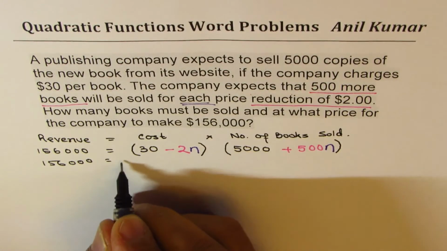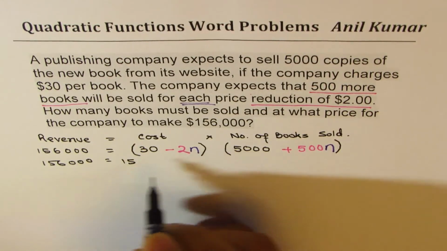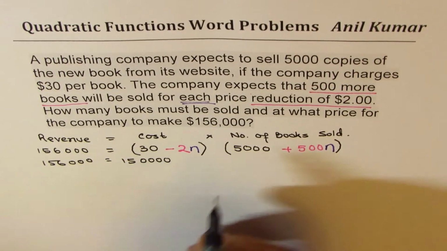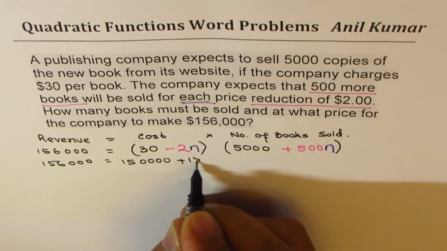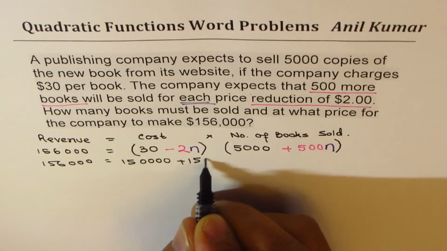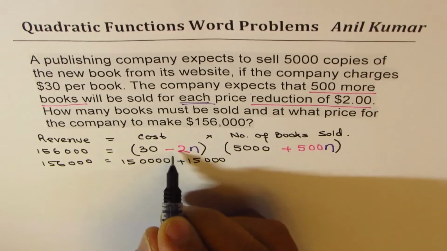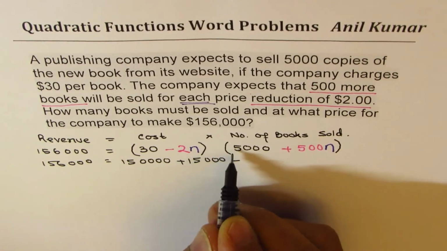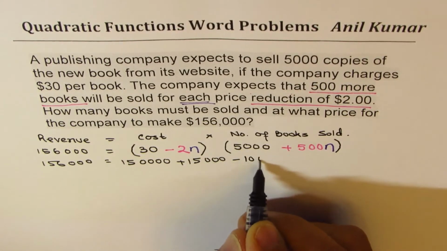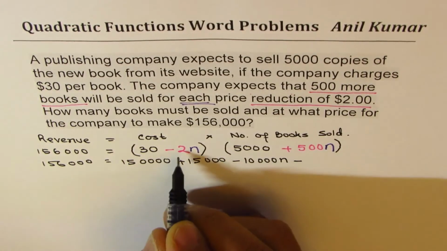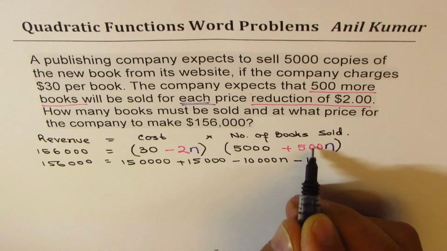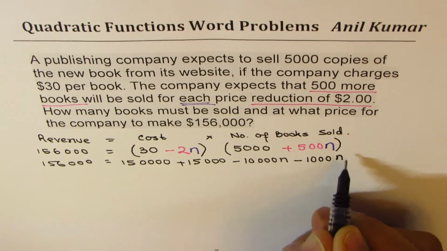So 3 times 5 is 15, and there are 4 zeros. So 1, 2, 3, 4. 3 times 5 is again 15. So write plus 15, 1, 2, 3 zeros, correct? Minus 2 times 5 is 10, then 3 zeros with an n. And now minus 2 times 5 is 10, 2 zeros with n square.